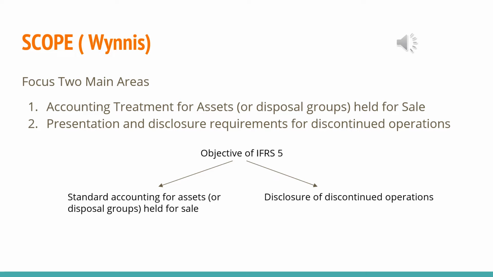IFRS 5 focuses on two main areas. The first area is the accounting treatment for assets or disposal groups held for sale. The second one is the presentation and disclosure requirements for discontinued operations.